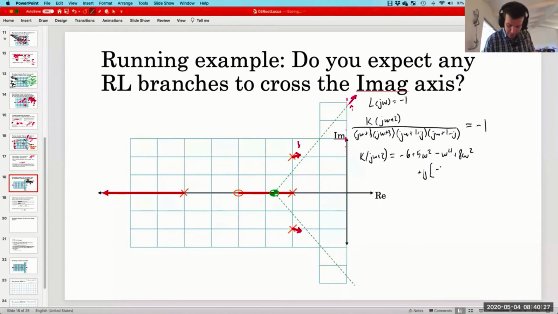So -4 omega times 2 minus omega squared minus 2 omega times 3 minus omega squared.